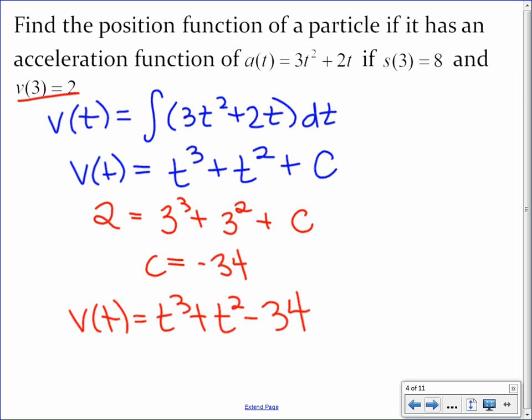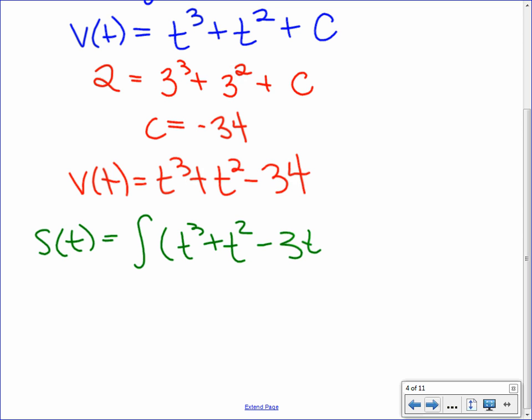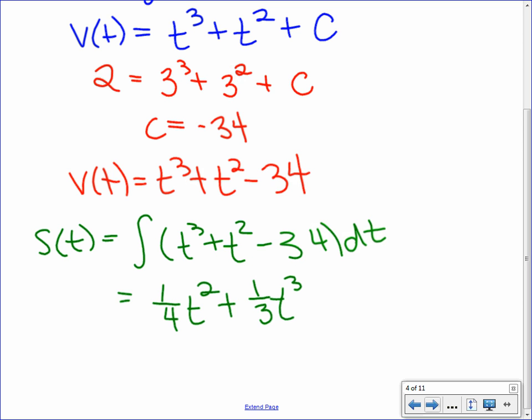Now we need to get to position. So our position is the antiderivative of velocity. Antiderivative of t cubed, or t squared, and negative 34.